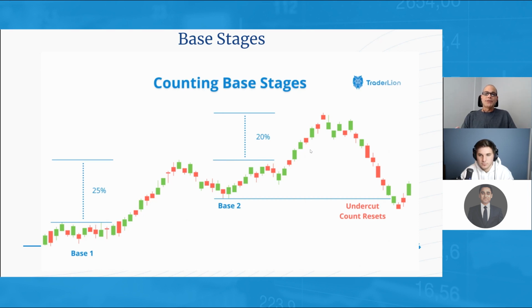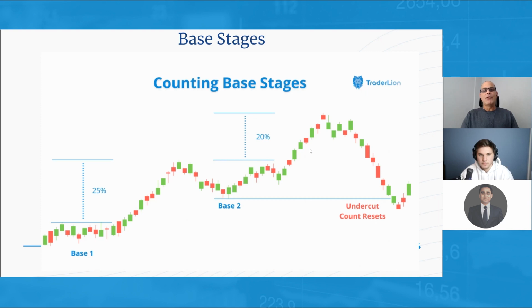So an IPO base is about as early a stage one, or as early a base, as you can have. The IPO day isn't the birth of that stock according to the way we look at things at TraderLion, which is largely according to the CANSLIM methodology. It's born on the day that it actually breaks out, or even goes through an early pivot up the right side of that base.